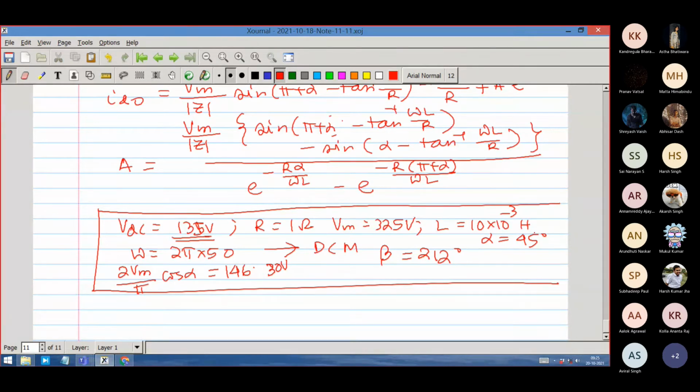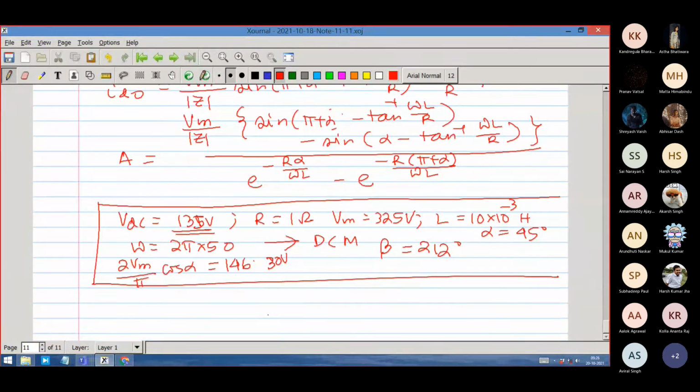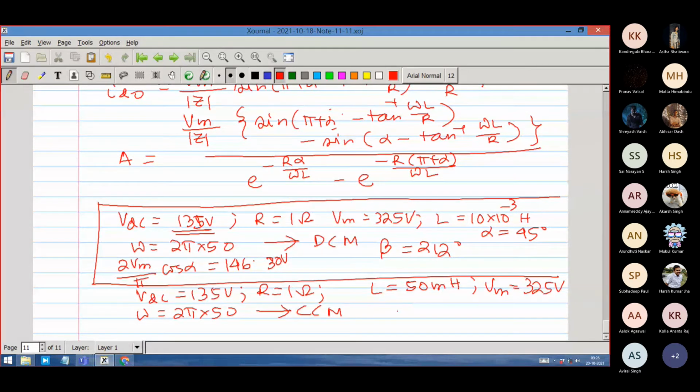But if you put L is equal to about 50 millihenry, same values, VDC is equal to 135 volt, R is equal to 1 ohm, Vm is equal to 325 volts, and omega is equal to 2 pi into 50, you will go into CCM, and you have to then find out what is I_D0, small I_D0.